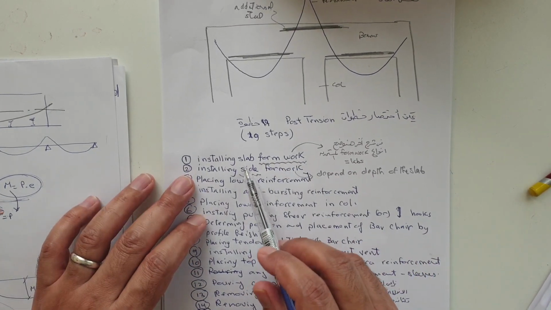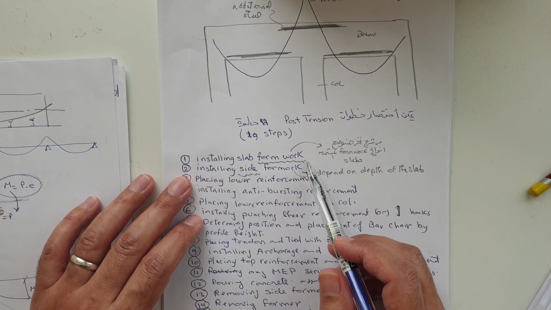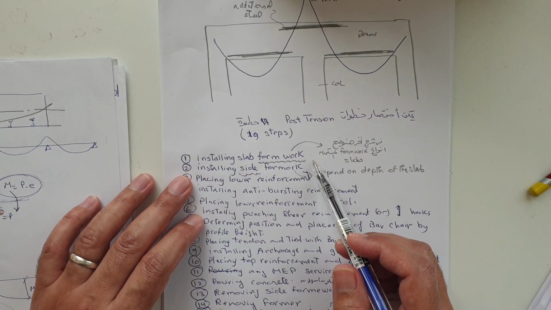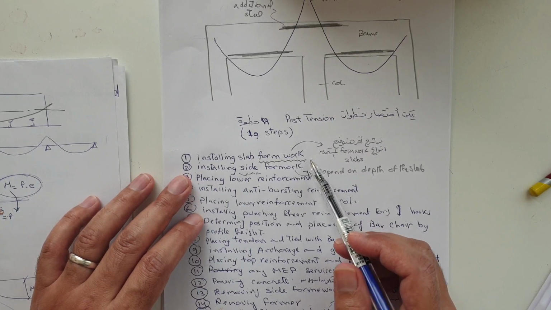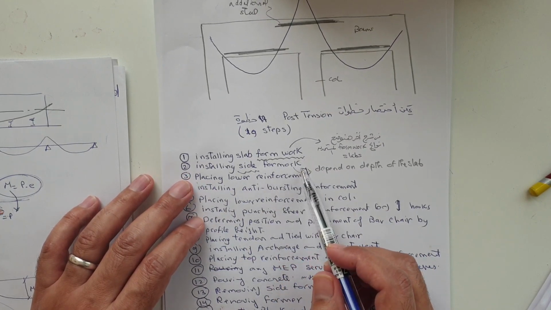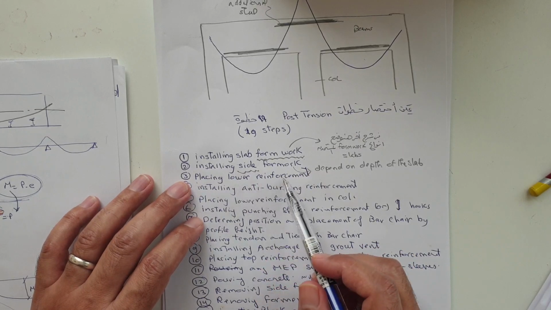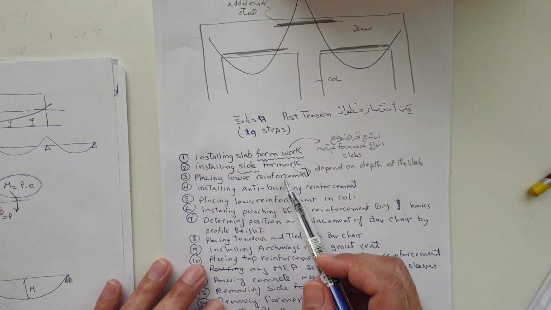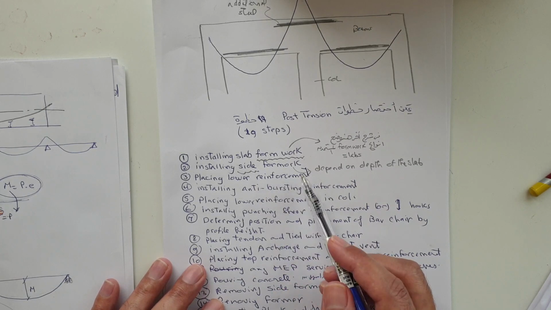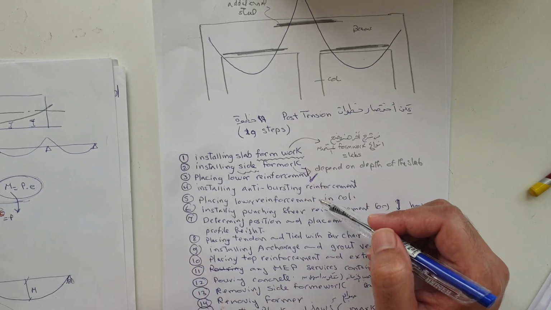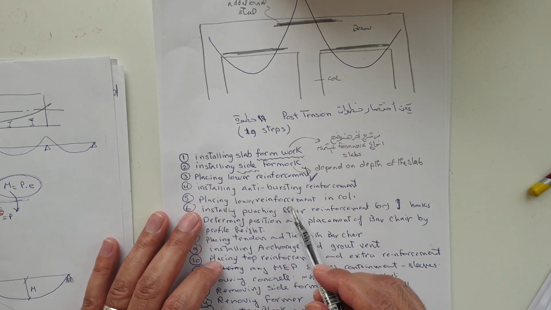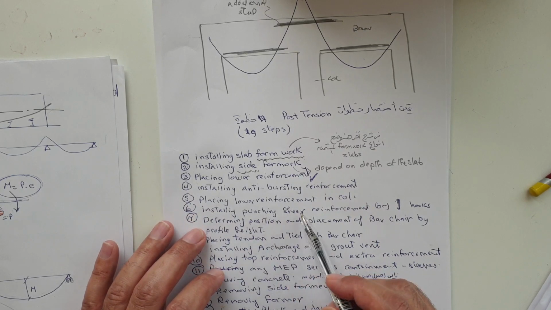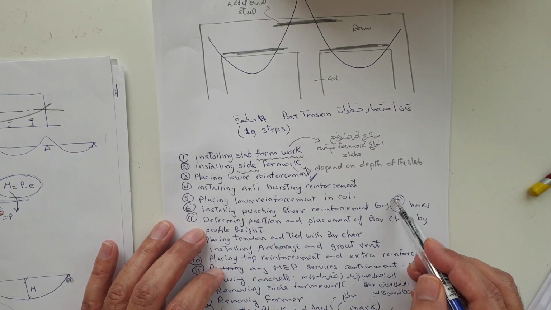Okay, how can we know the sequence of work for the post tension slab? First of all, we have to fix the formwork or scaffolding. It should be fixed properly according to the standards, with any kind of scaffolding, and we use it with the bracing pipes, everything. Then we fix the side of the formwork. Then we can proceed with the first layer of steel, the lower reinforcement, and this is not a large quantity as I said before. After we fix the steel, we can proceed with any punching shear reinforcement around the column.